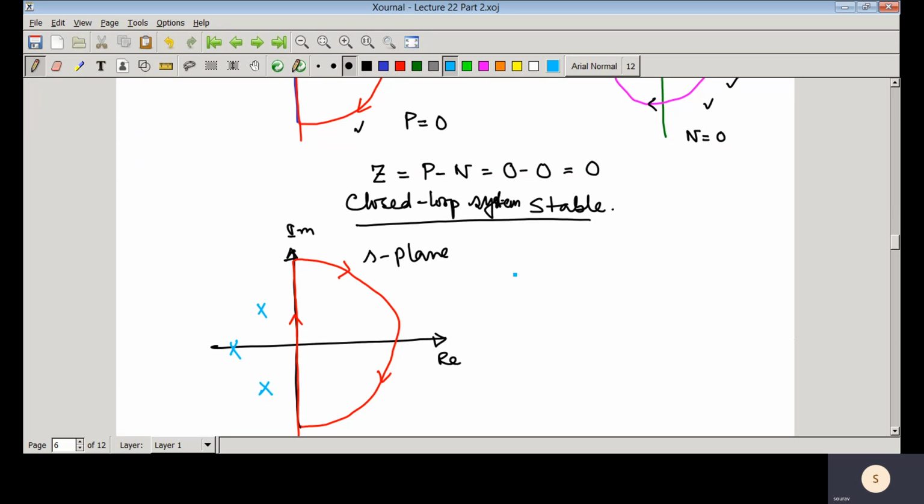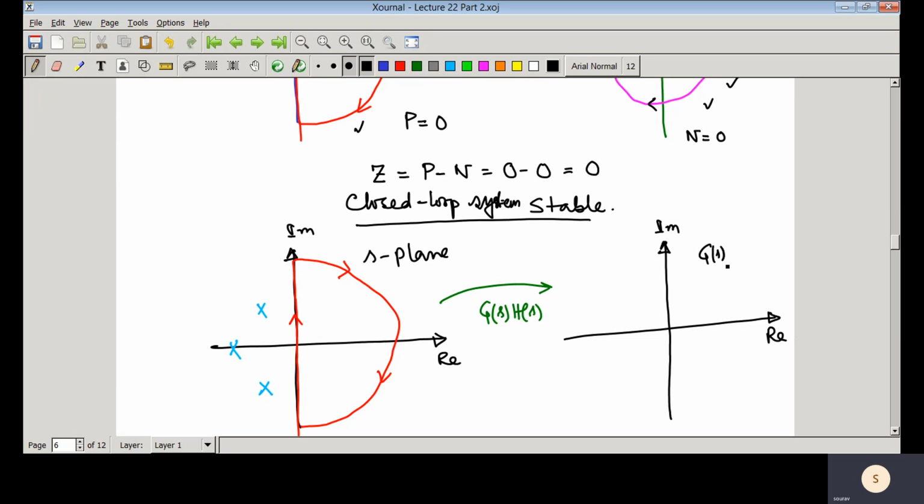So then if we map this particular contour via that G(s)H(s), suppose we have the Nyquist plot, that is that real and imaginary. Do not forget to mention that plane, that is G(s)H(s) plane.